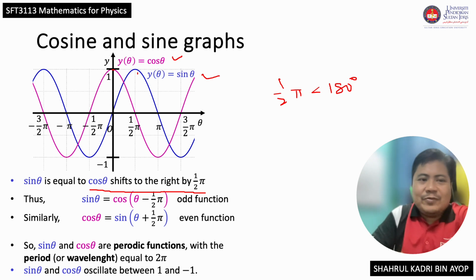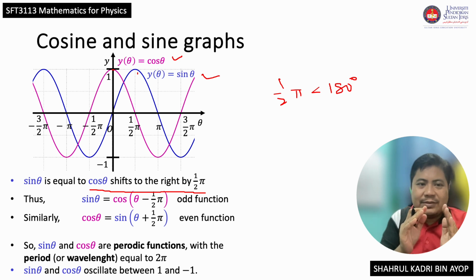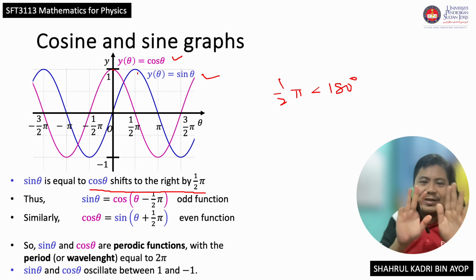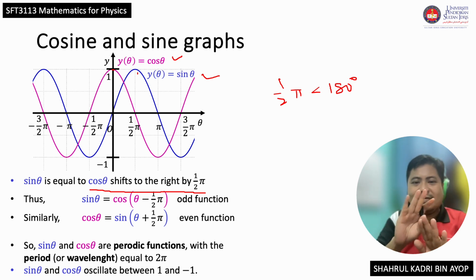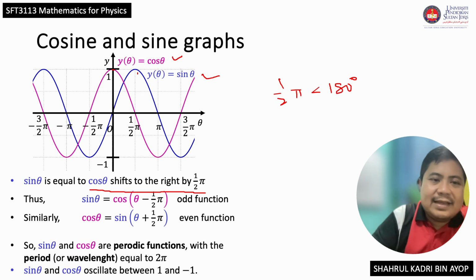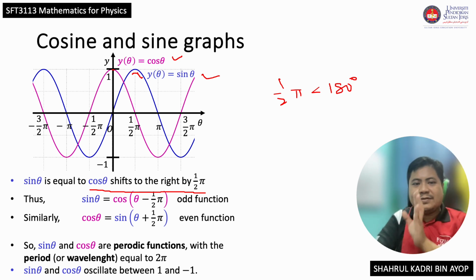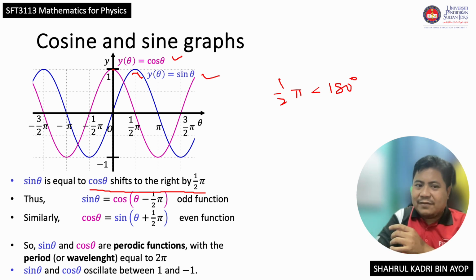If you take this purple graph and shift it to the right by half pi, it will overlap exactly with the blue one. Shifting to the right means you subtract the value from the argument.